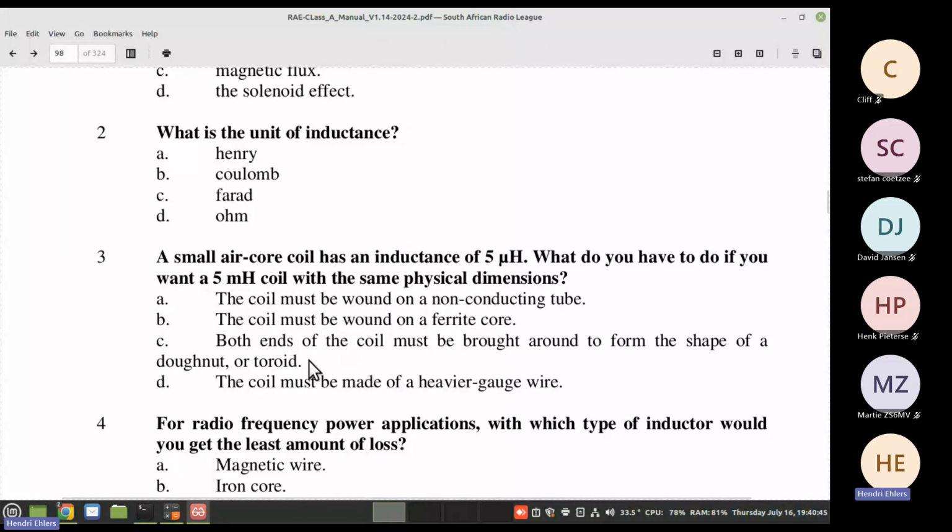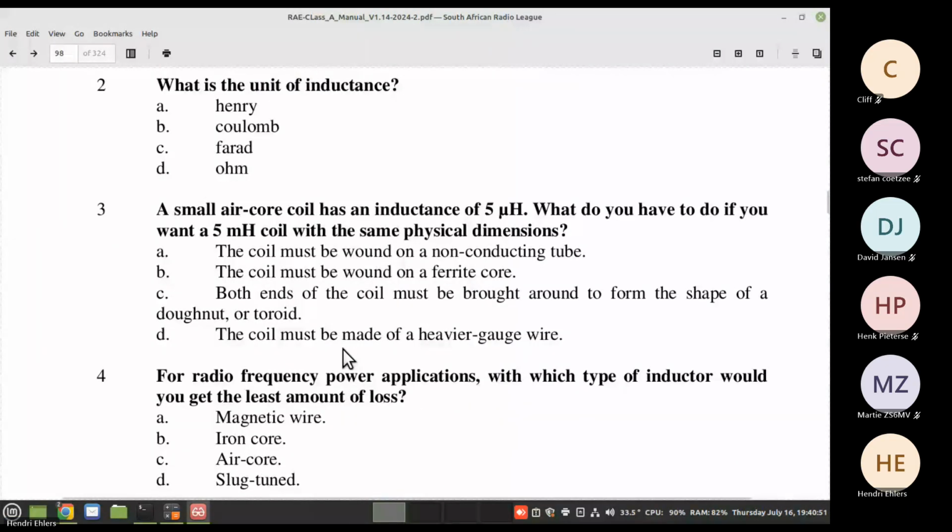Donut or toroid will completely change the physical dimensions, so won't be that. The coil must be made out of a heavier gauge wire? No. So we know that to increase the inductance, we must put the wire around the ferrite core because that increases the inductance. So that would be B.